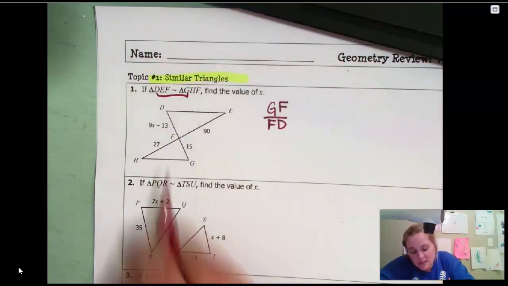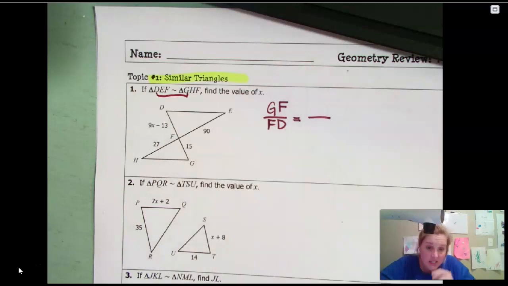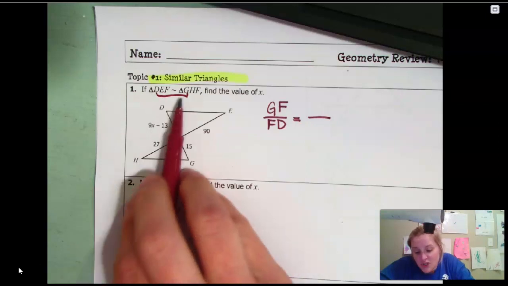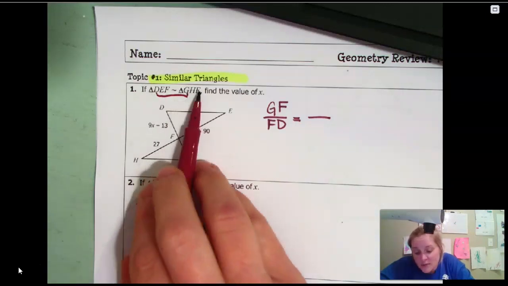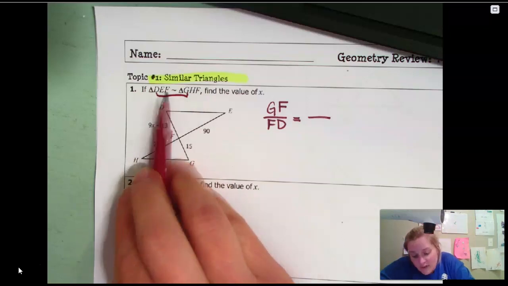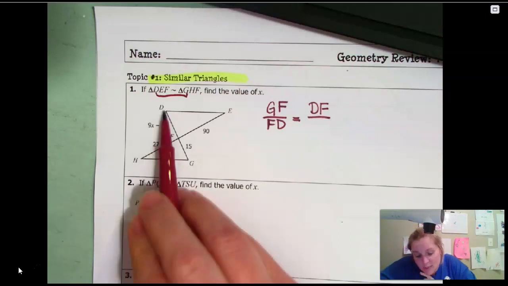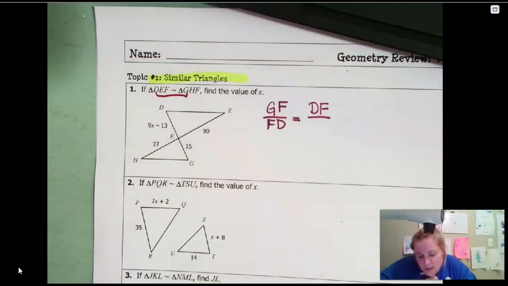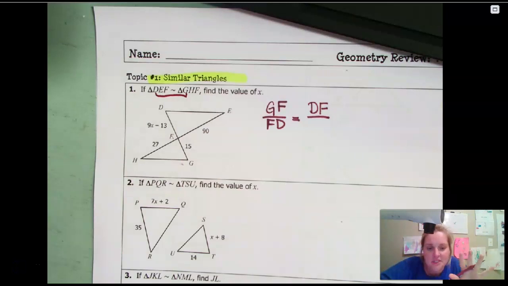So this segment and this segment are going to be proportionate to the corresponding parts. Actually, I've messed up. Okay, just ignore what I just said.